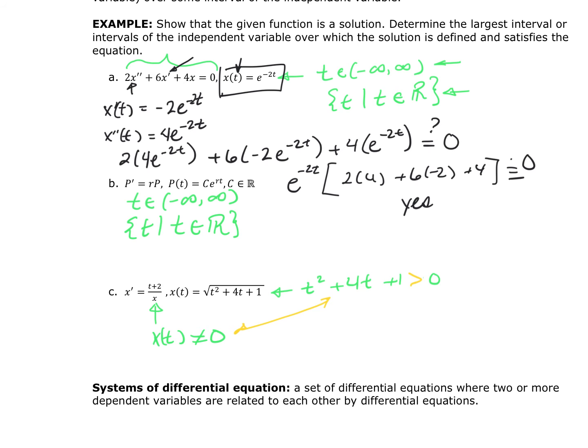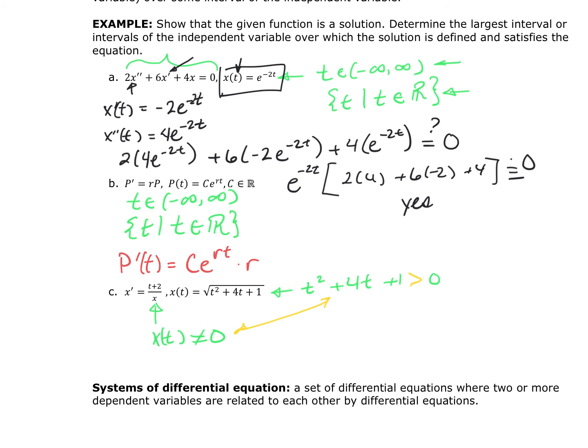So then we ask ourselves, does this equal this? Does the first derivative equal r times my original function p? Now notice this is not p of t, this is just p. So it's assumed that this is the original function. So the first thing you're going to do is go ahead and do the derivative. So if we have p prime of t, this is going to be c e to the rt multiplied by, here t is the independent variable, r is a constant, so it's just r.